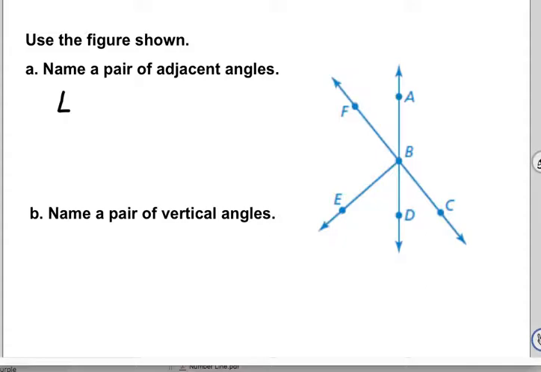Actually, like the less than. So name a pair of adjacent angles. Shelby. Would it be FBA? Okay, FBA and CBA?